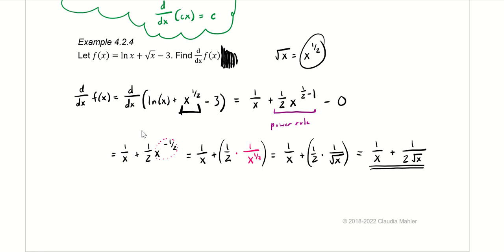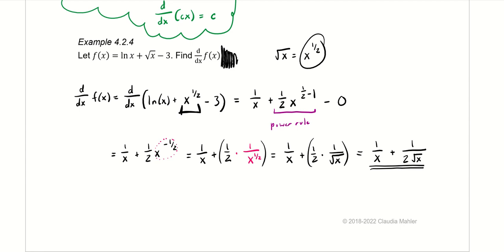So that's my derivative. And again, try to practice with simplifying or rewriting terms like this, because this might be an expression you would see for this derivative on something like a midterm. Just be able to recognize it.